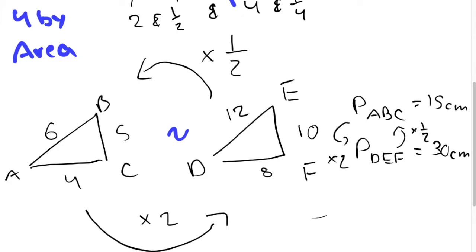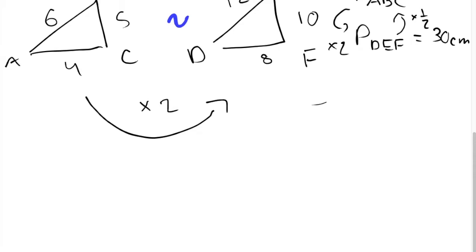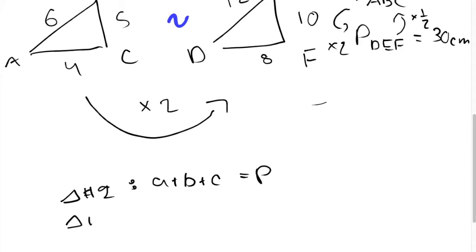The two main things to remember: for triangle number 1, A plus B plus C is equal to the perimeter, and for triangle number 2, it's the scale factor times A plus B plus C.